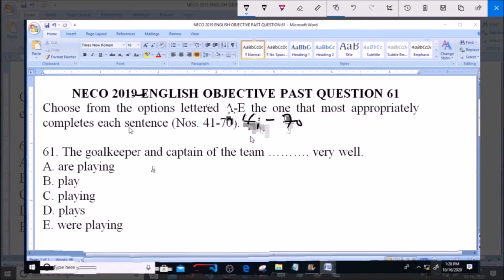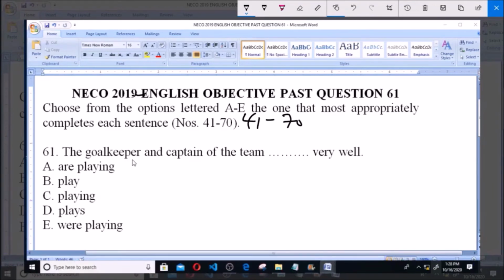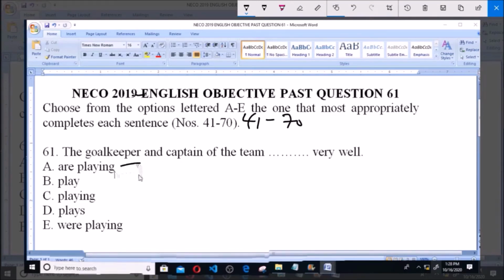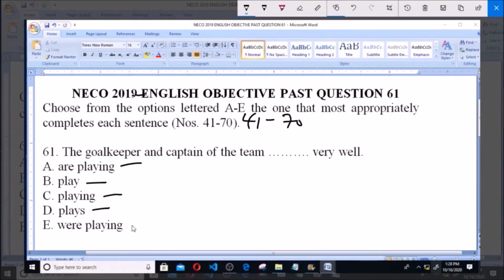Question number 61 says: The goalkeeper and captain of the team dash very well. Option A, are playing; B, play; C, playing; D, plays; E, we are playing.